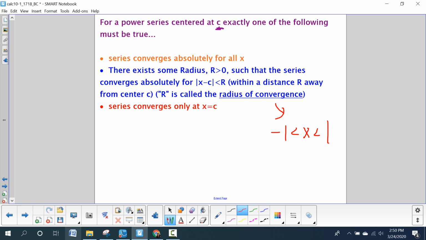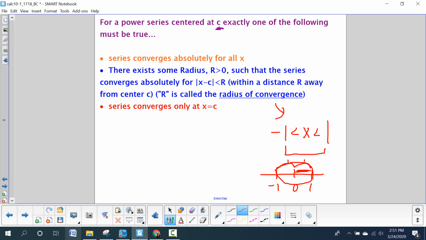And if that's the case, think about how large this interval is. Just think of a number line, y'all. That's all this is. These are just numbers. That distance is a distance of 2, right? 1, 2. So if you think of this like a circle of convergence, then the radius would just be 1.